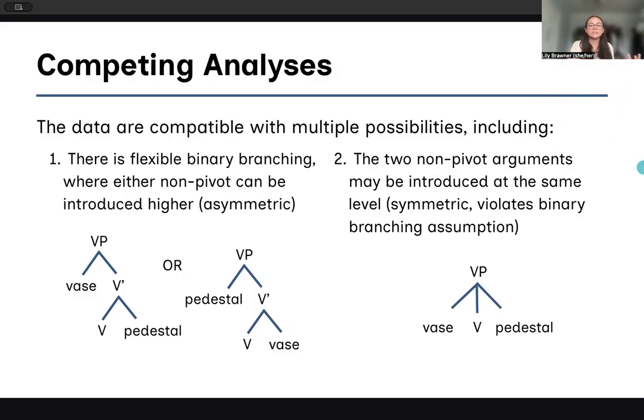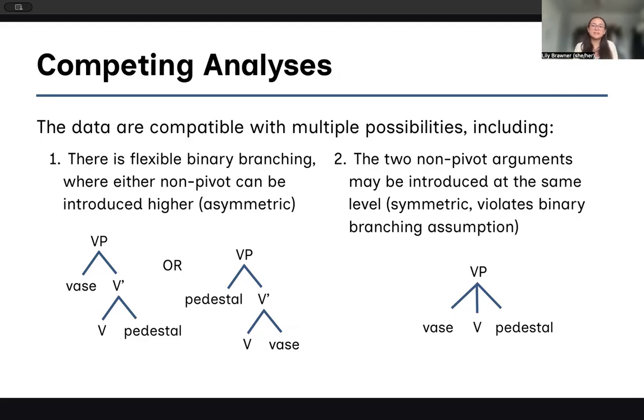If voice morphology is often analyzed as targeting particular kinds of arguments, like the patient and the theme, then symmetric non-pivot behavior suggests that those role distinctions might not correspond to a fixed syntactic position. That way, the question kind of shifts. If these non-pivots can be structurally reordered, how do we distinguish the voice types that are supposed to target them? And this is especially interesting in Ilokano, where non-pivot movement is otherwise very, very restricted.